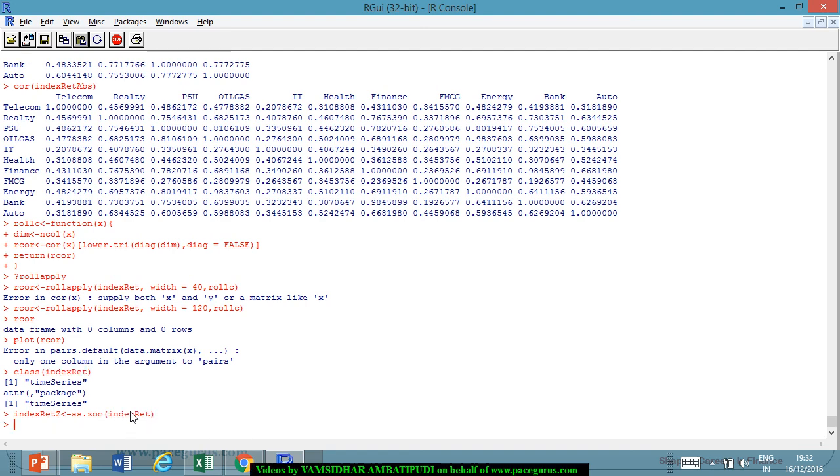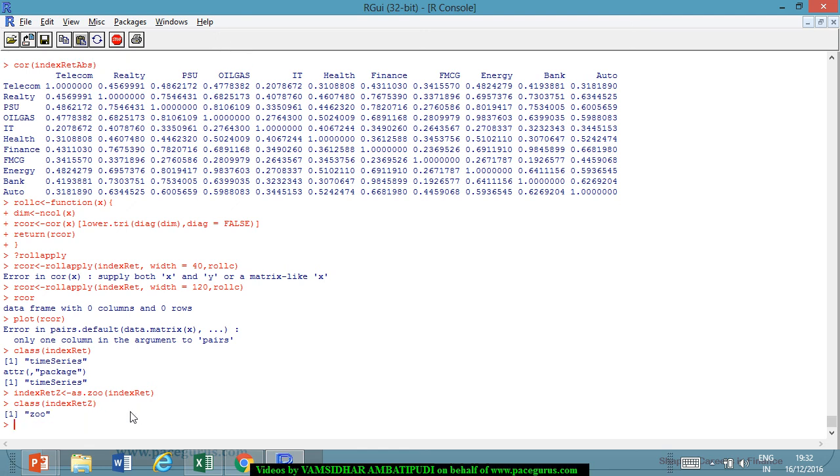Now let me check the class of index red z. Now this is of the class zoo. Now let me try if I can do an rcor where I am doing a roll apply.